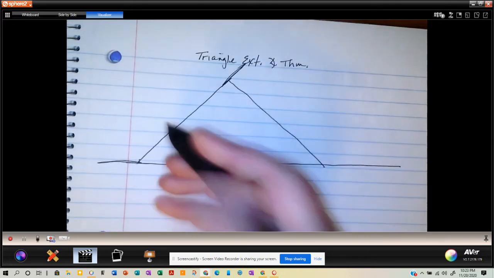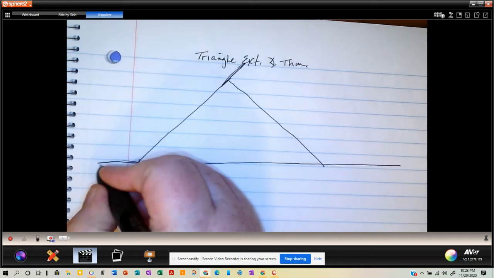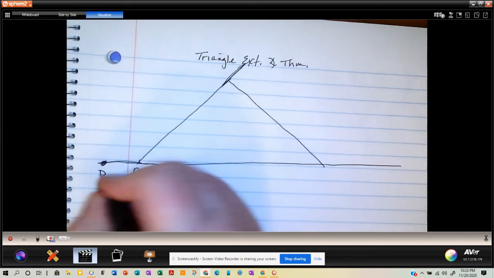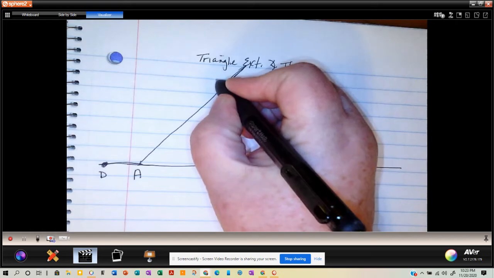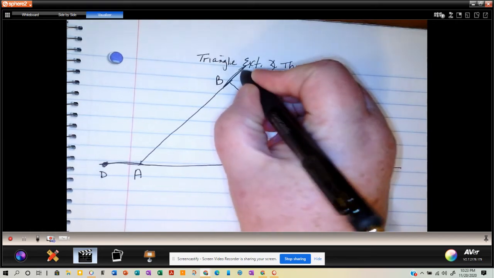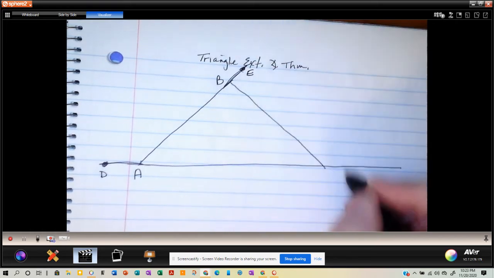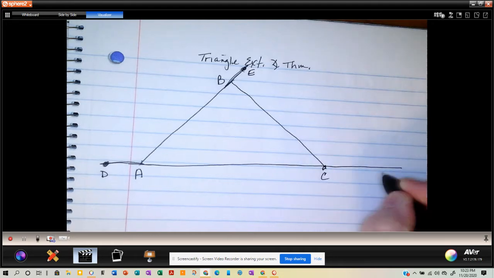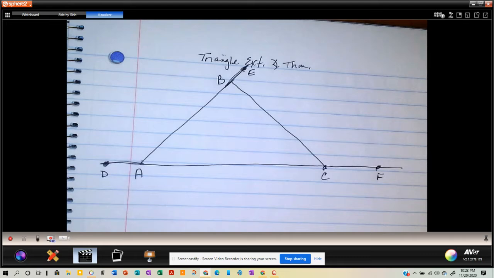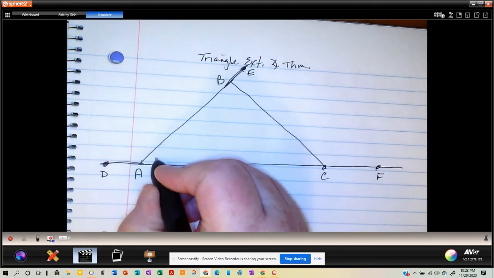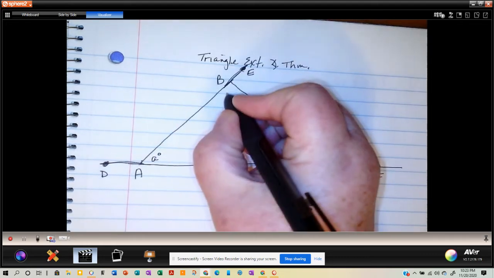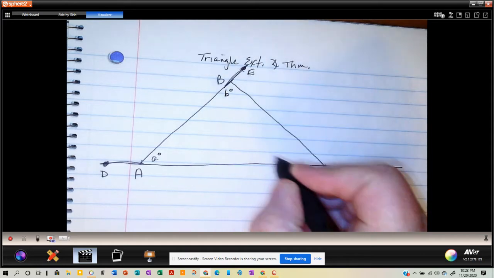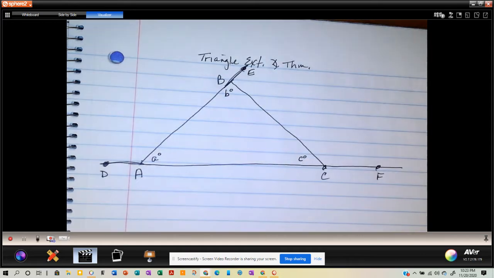Okay. This is angle A. This is point D. This is angle B. This is point E. This is angle C. And this is point F. Inside I have little a degrees, little b degrees, and little c degrees.